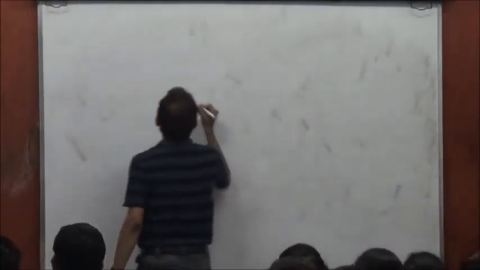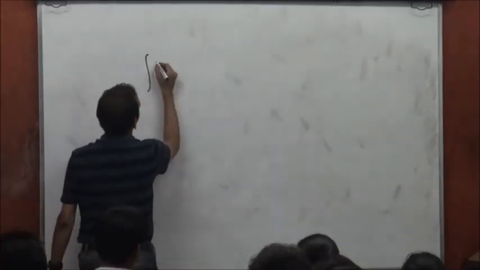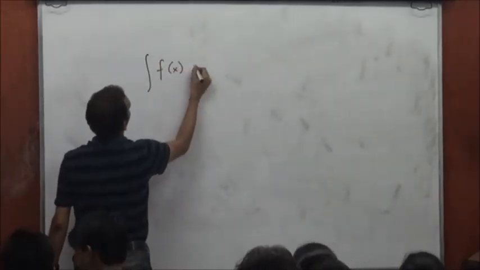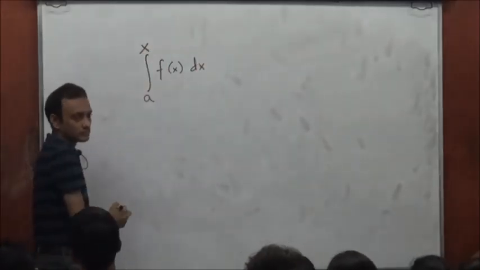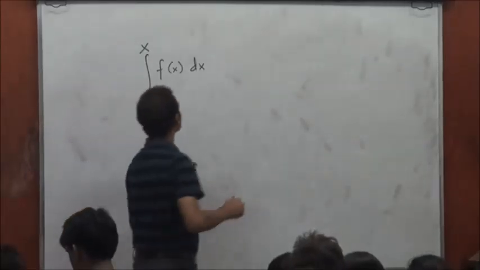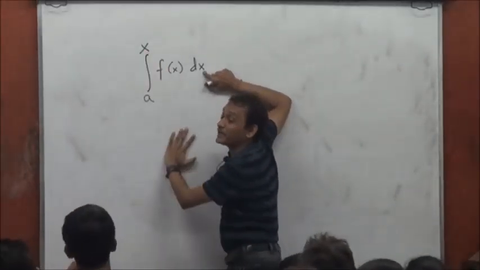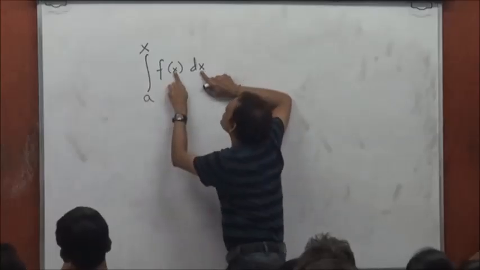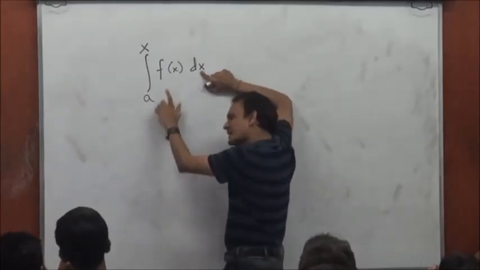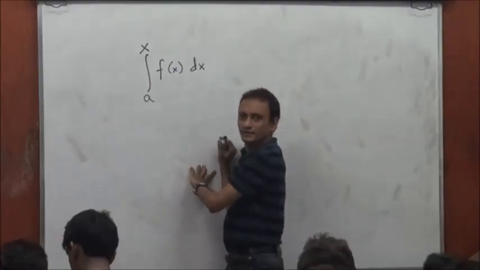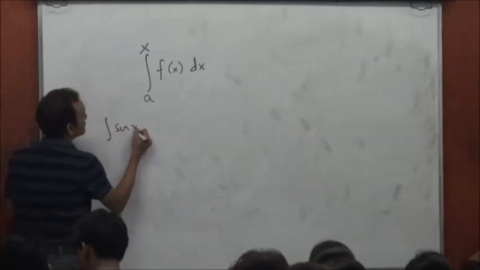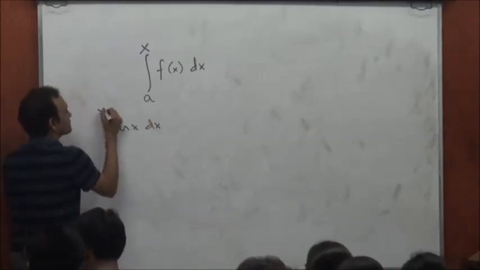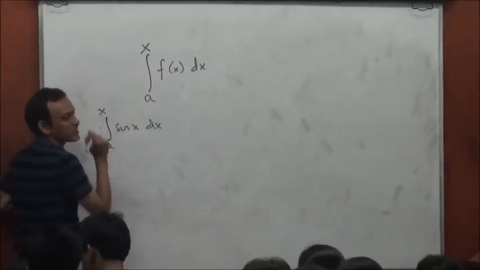See, if I had the integral of f x dx from a constant a to x. One thing, this x is not the same as that x. Because if this was not x and this was some t, it will still give me the same value. Do you realize that? What I mean is, if I had, say, the integral of sine x dx, x changing from a to x, I am saying that this x is not the same as this x.